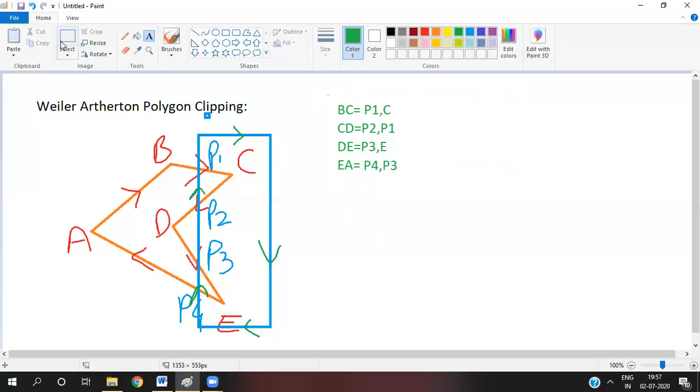Now I will select it so that you will understand after clipping how it will look. Okay, this much portion is clipped. Yes, sorry, this much portion is clipped. I will just move it.